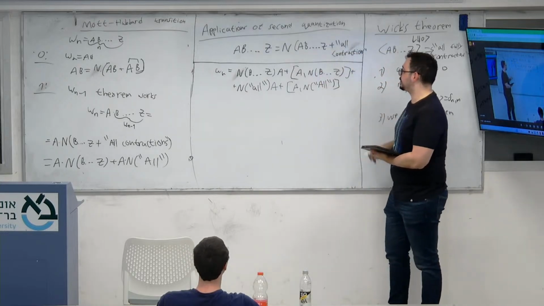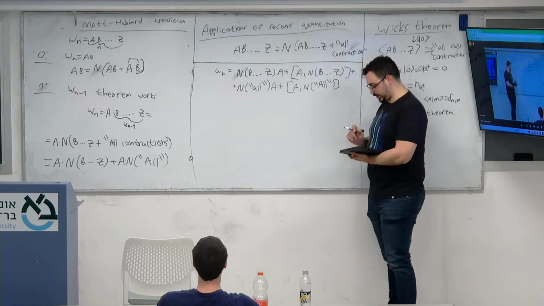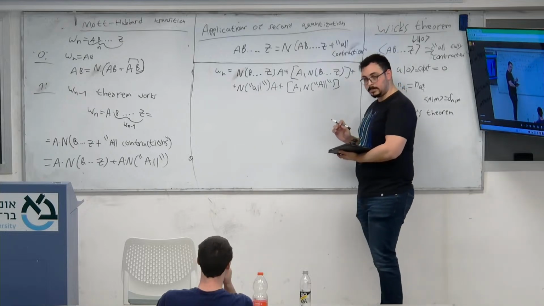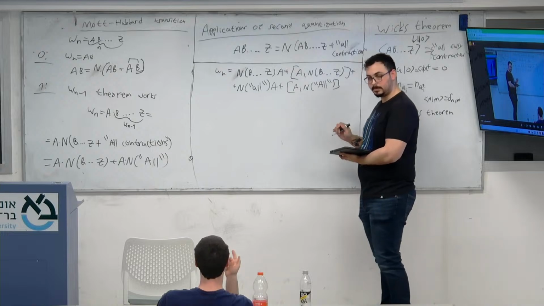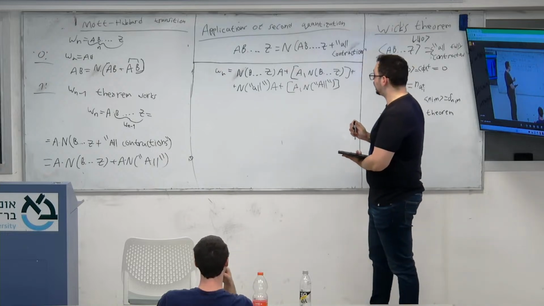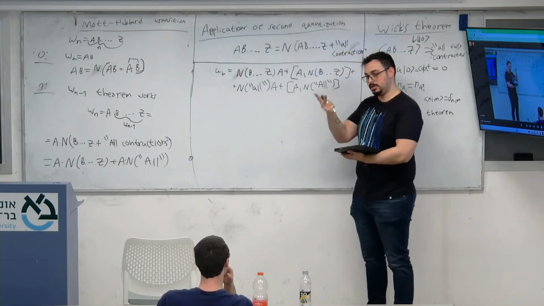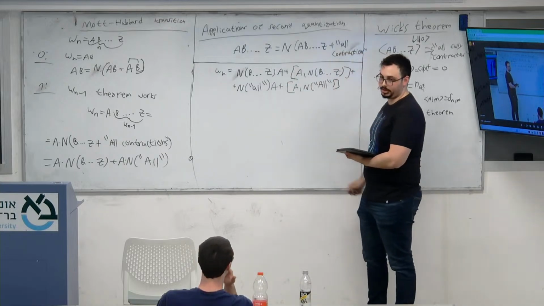Right? I just moved a to the side. Now, how did we get the commutator? Because if we switch the order of operators, we need to add commutators.